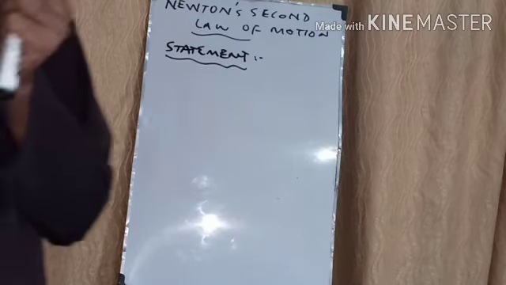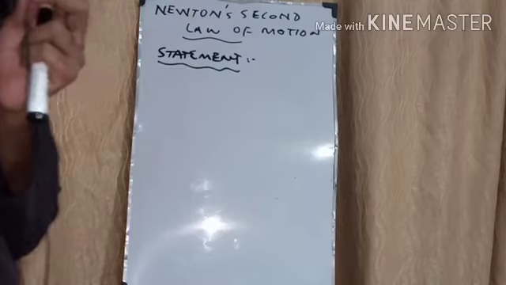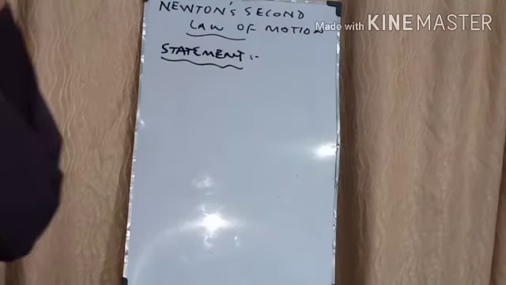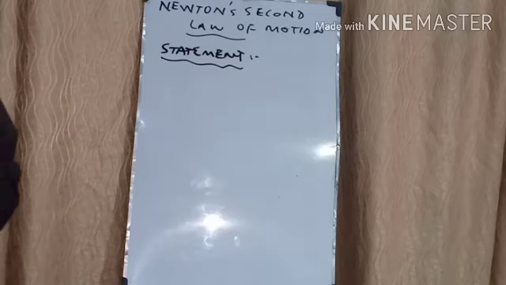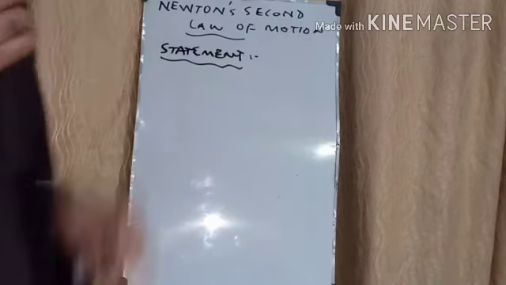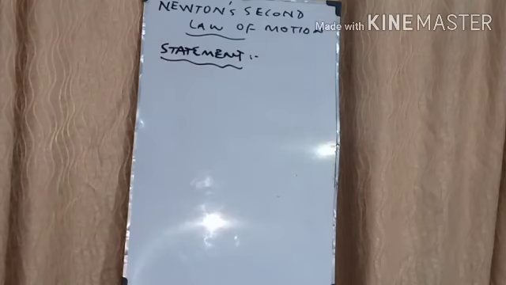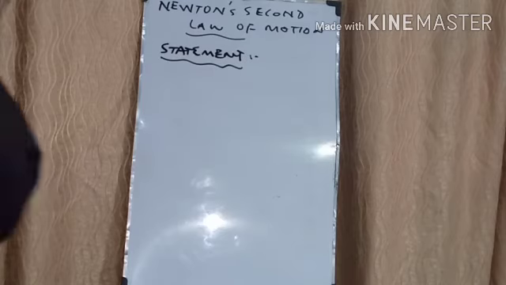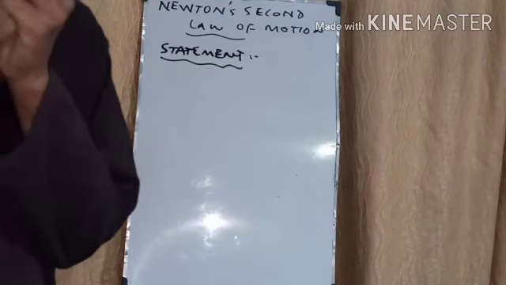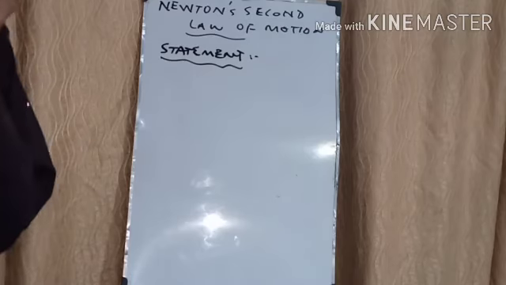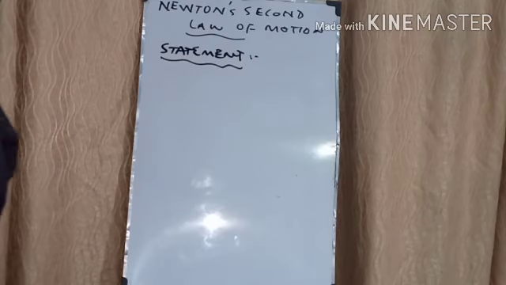In other words, when we apply a force on an object, the acceleration produced in the direction of the force is always directly proportional to it, and acceleration produced in the body is inversely proportional to the mass of the object.